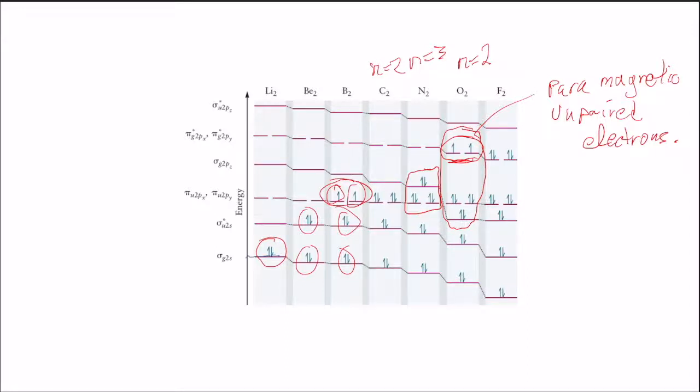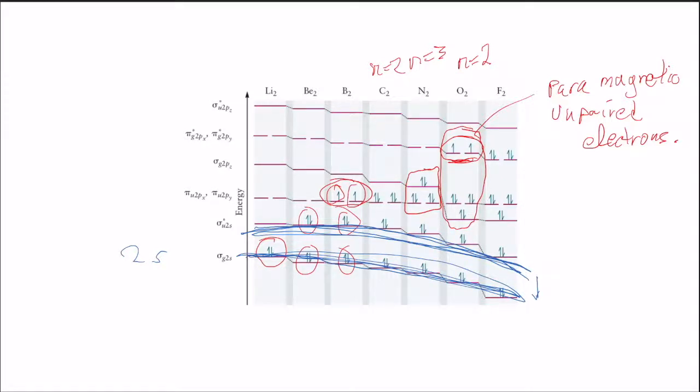We see the sigma 2gs that comes from the 2s orbitals is moving down in energy. Okay? We see that the sigma 2u star is also moving down in energy. Okay, that makes sense.